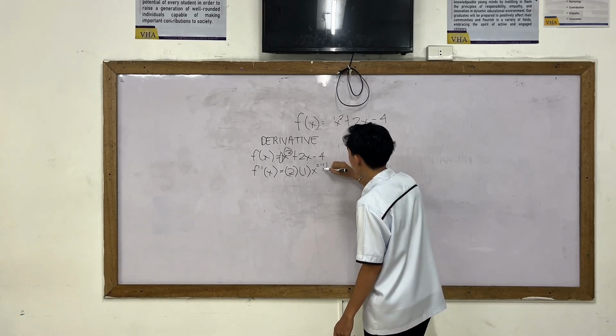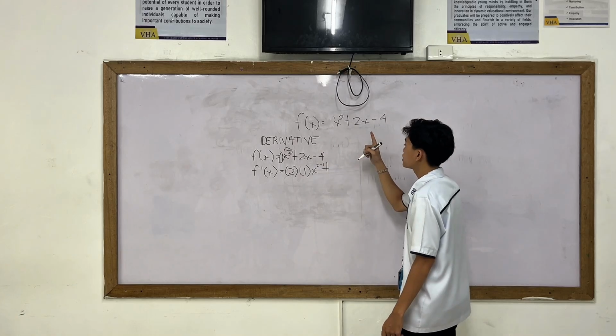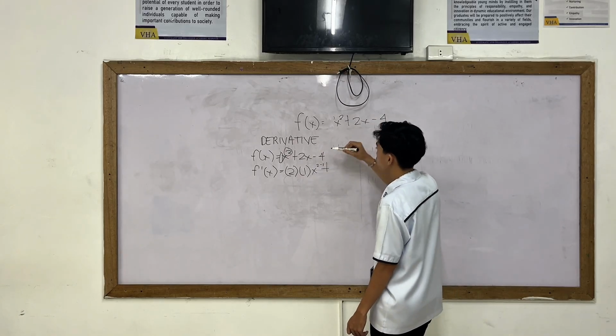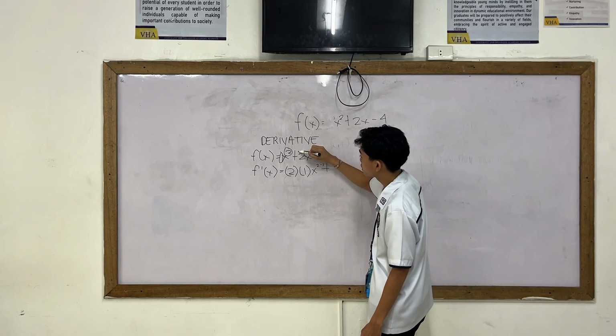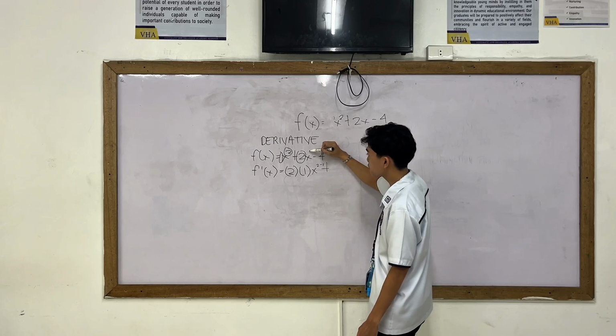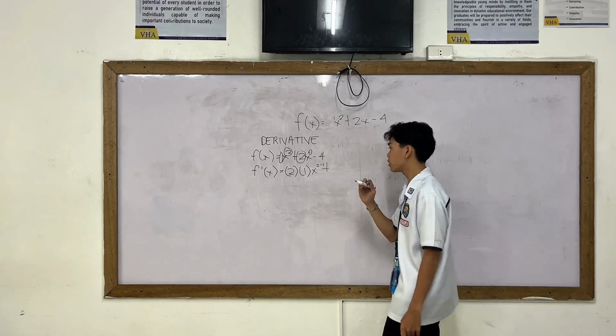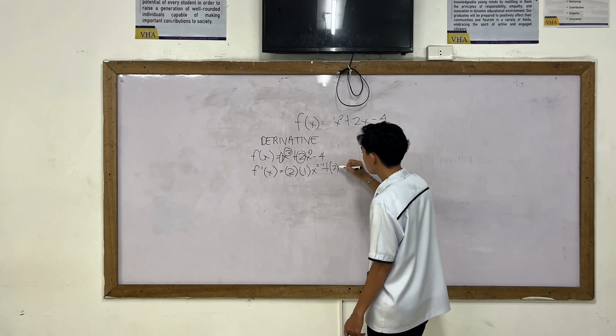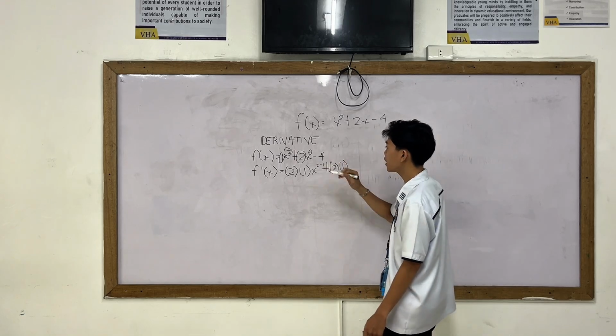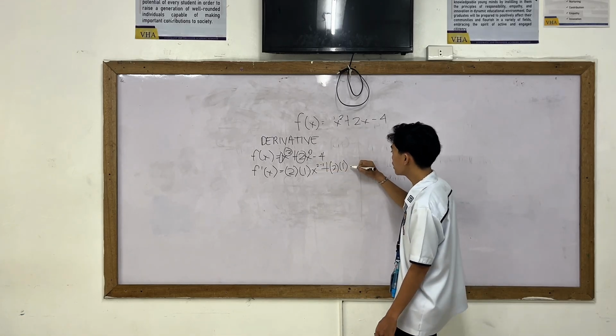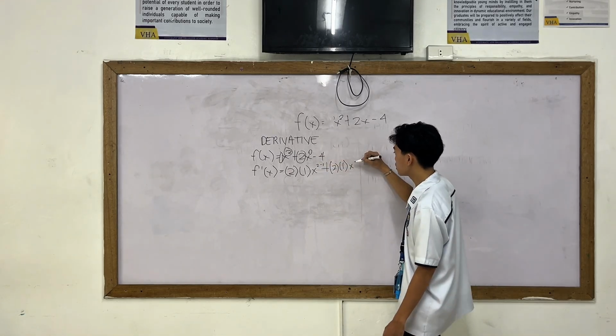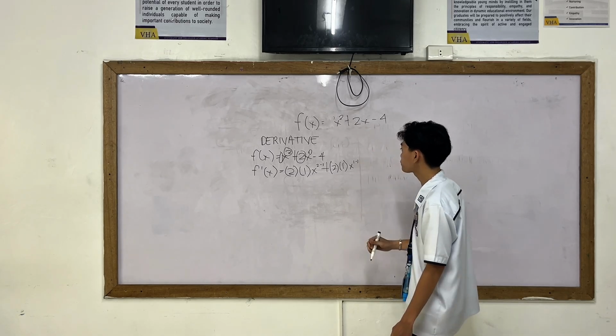And then we do the same process with the second term. We have the constant 2 and the imaginary exponent 1. So 2 times 1, and then we copy the variable and the imaginary 1, minus 1.